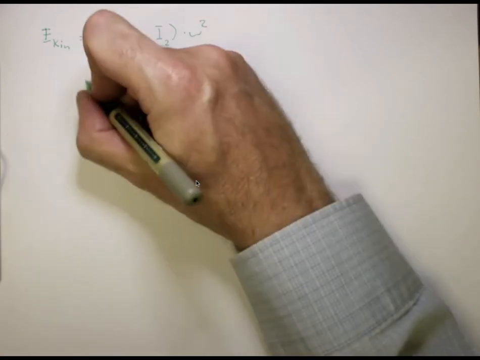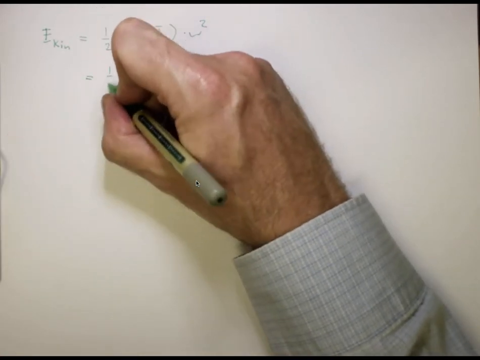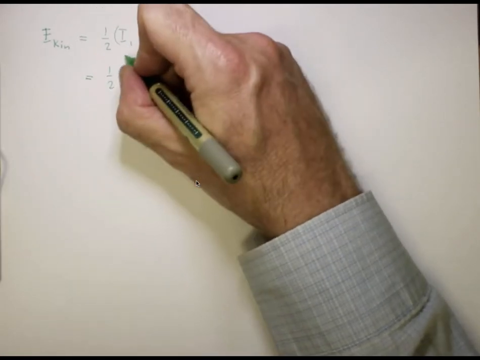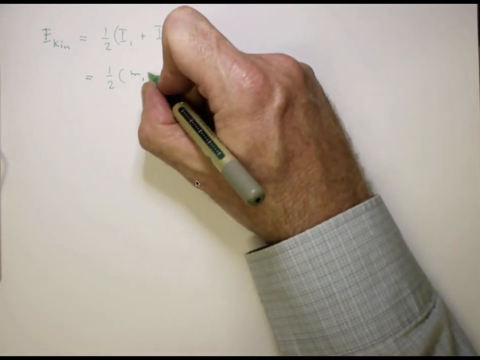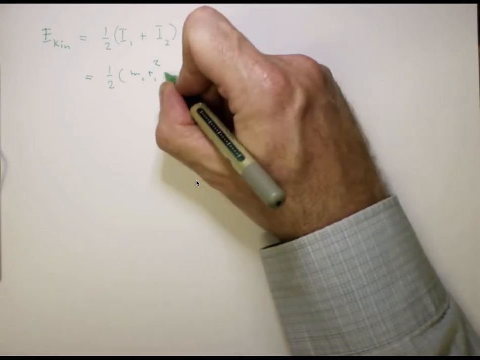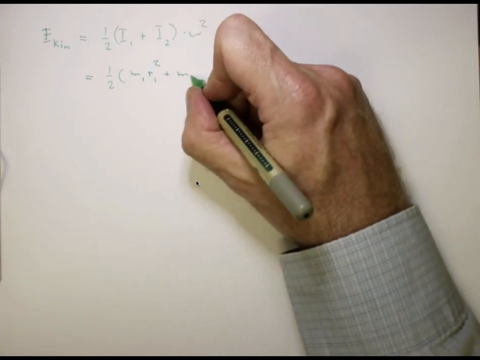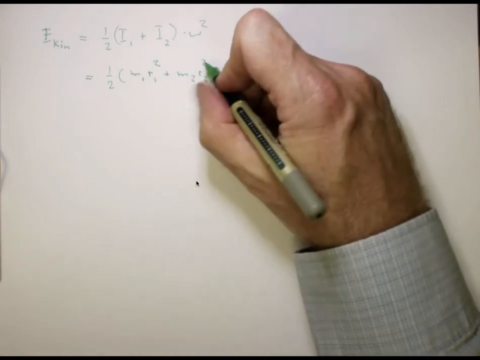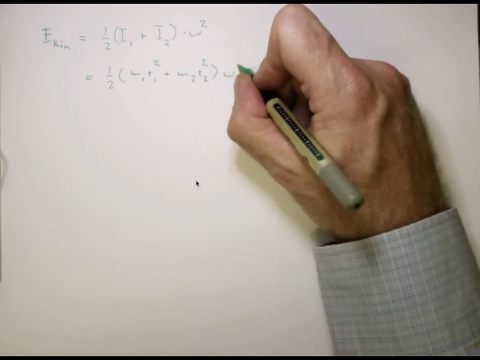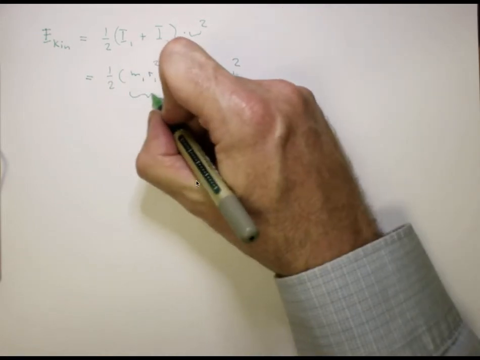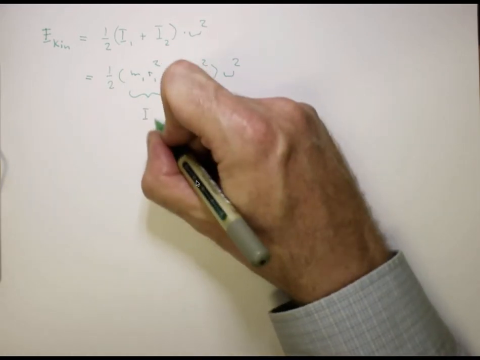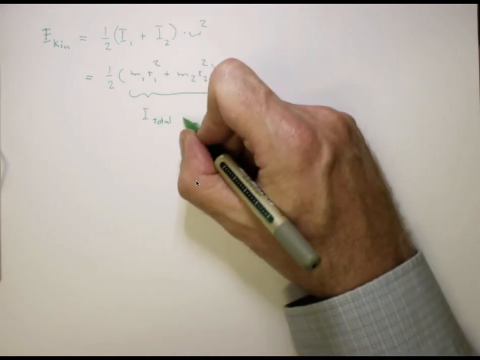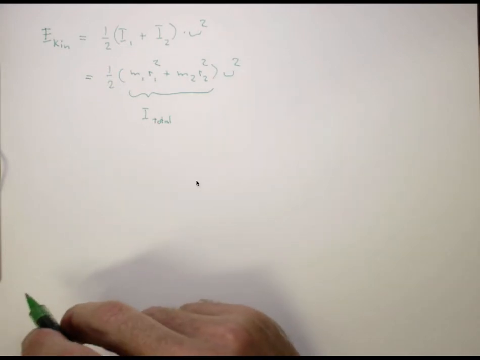And we can write this down by substituting for mi. So we have m1 r1 squared plus m2 r2 squared, times omega squared. And the sum in brackets is now the total moment of inertia of both particles.